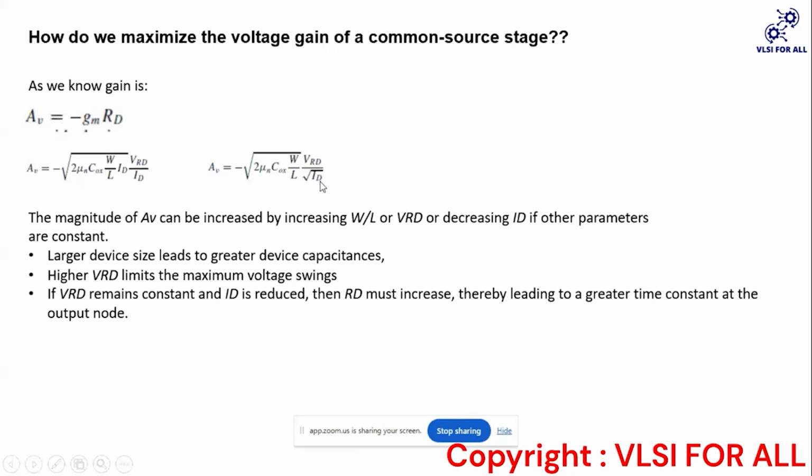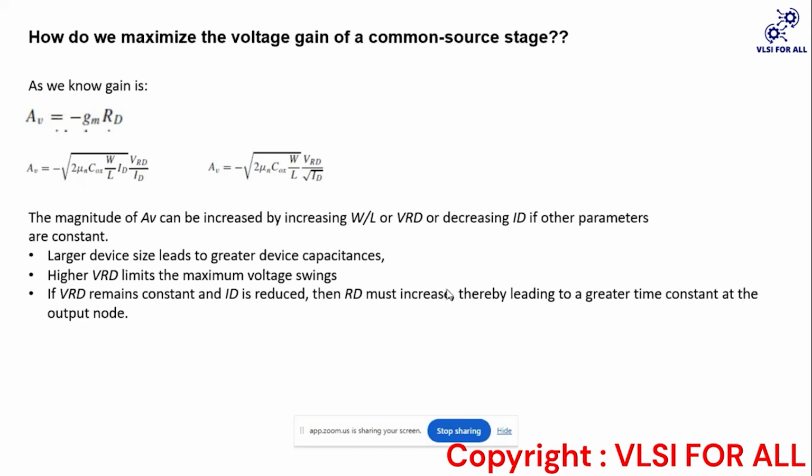So to keep VRD constant, if we decrease ID, we have to increase the RD. If VRD remains constant and ID is reduced, then RD must increase, since V equals IR.